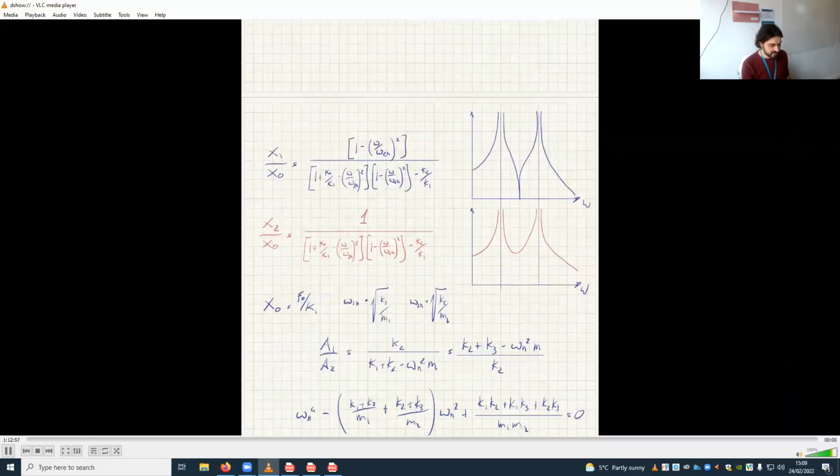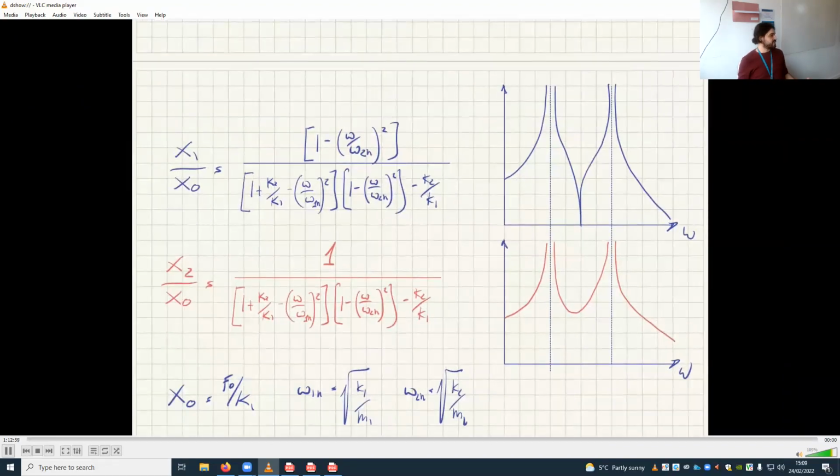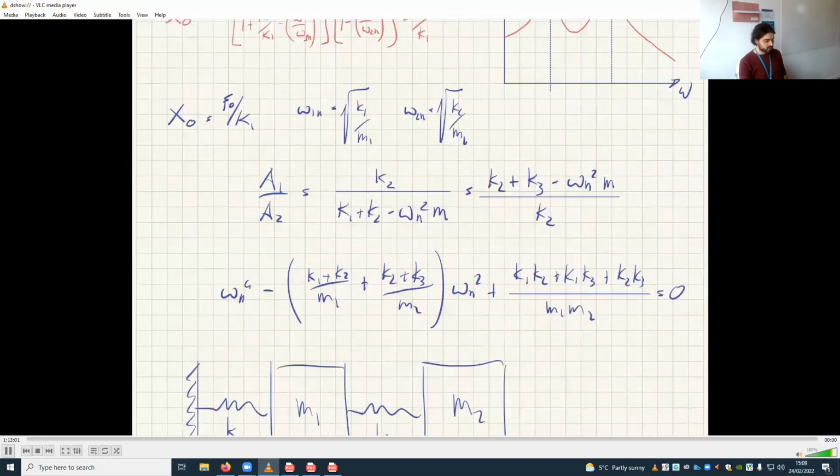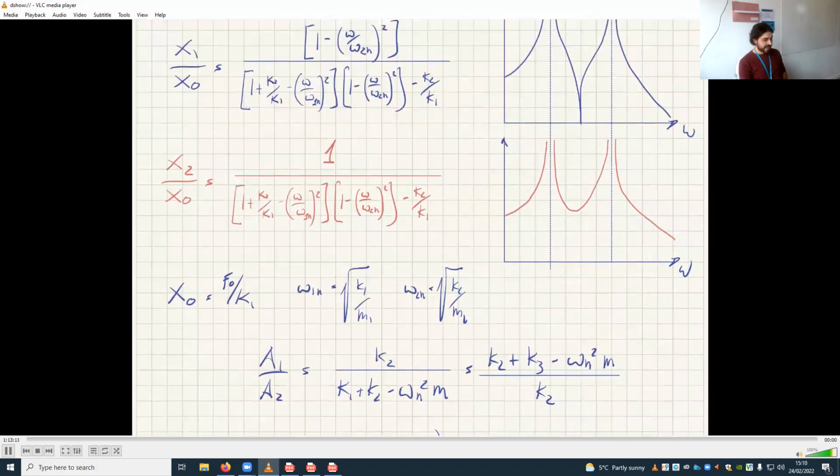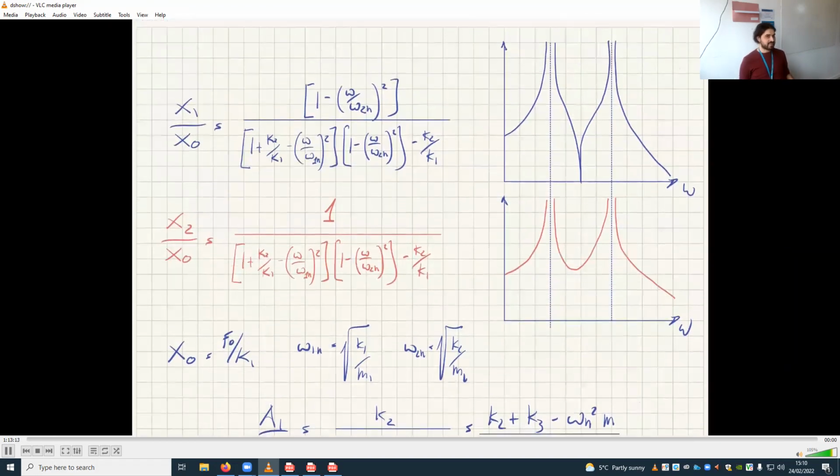All of these plots are done at zeta of 0, because as you can see, we have no damping plots anywhere. But if you just add damping, nothing really changes. It becomes a bit more complicated, but you can still have a damped effect on the single mass. So the single mass would look like this.